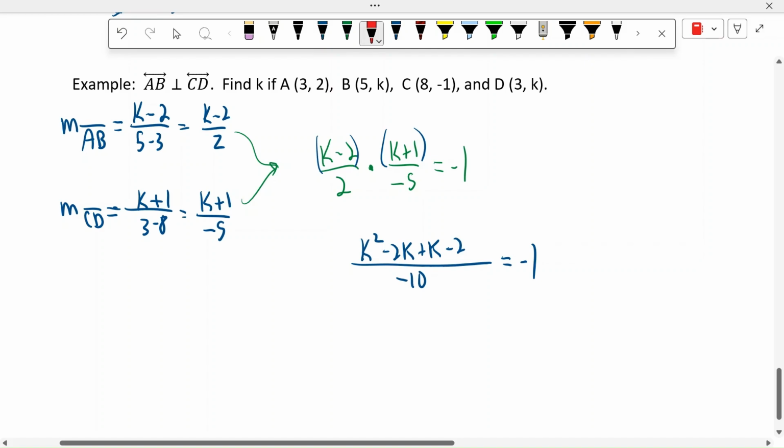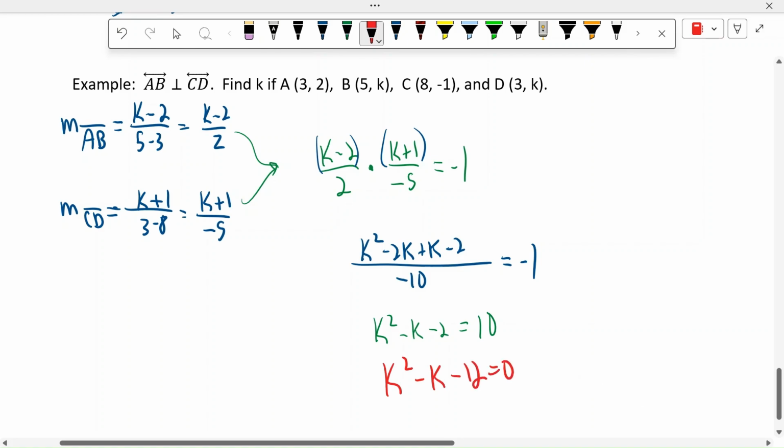The nicer thing this time is to get rid of the fraction and multiply by this denominator of negative 10. I think that's a little bit easier. If I multiply the left side by negative 10, it gives us just the numerator, k squared. Combine those to get negative k minus 2. Multiply the right side also by negative 10, we get this. Subtract 10 from both sides.